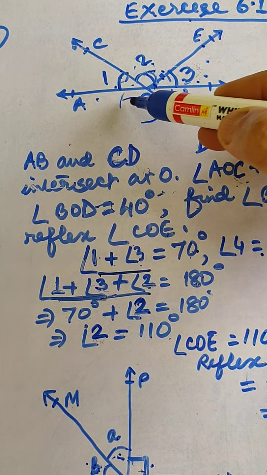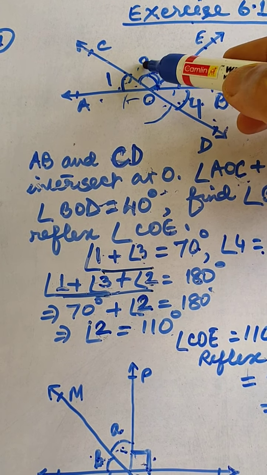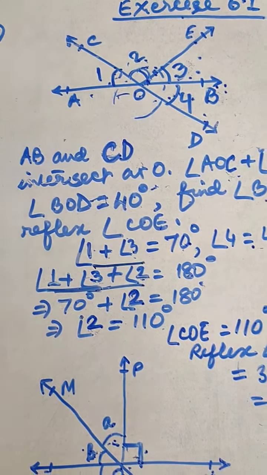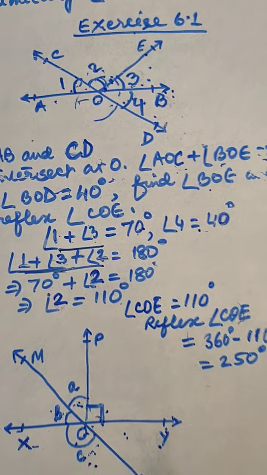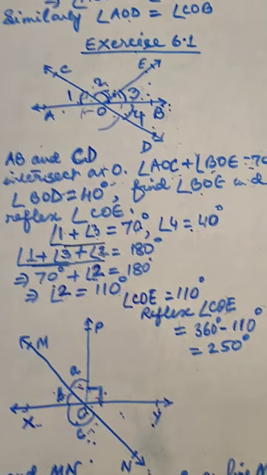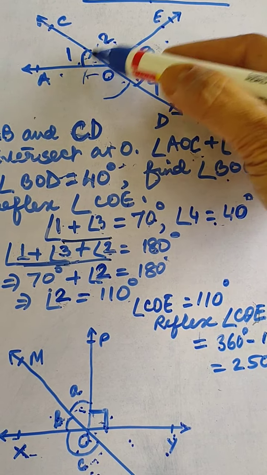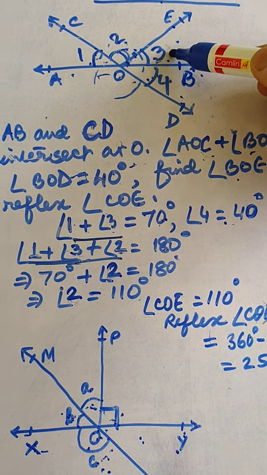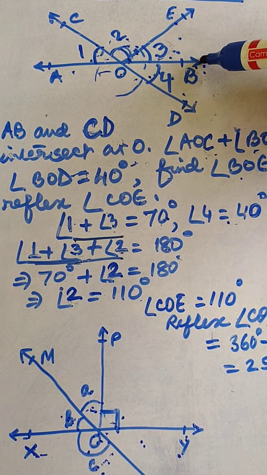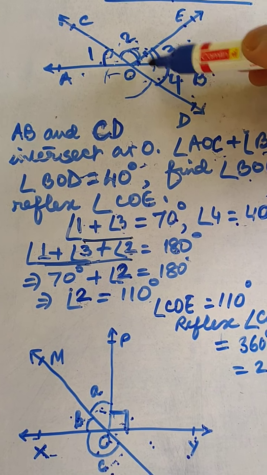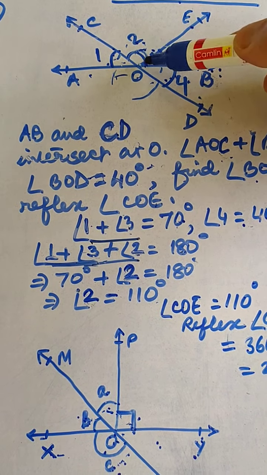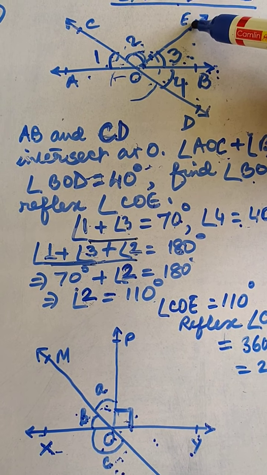Also here angle AOD is equal to angle 2 plus 3. We can use this statement. Now first, we know that it is given angle 1 plus 3 equal to 70 degrees. Here we can see that AB is a straight line and on AB we have two rays, OC and OE.